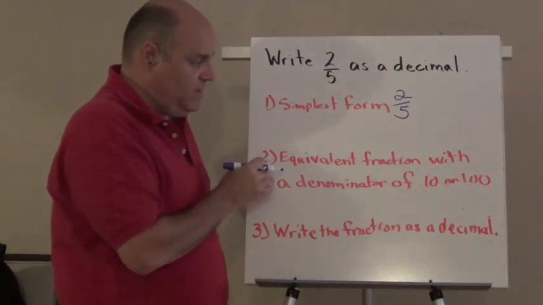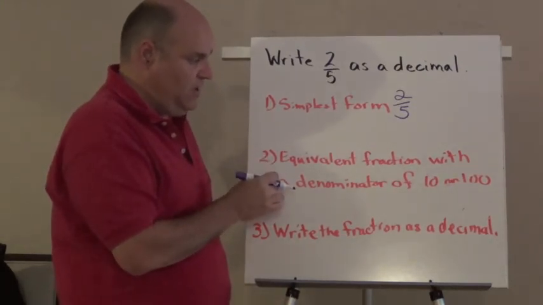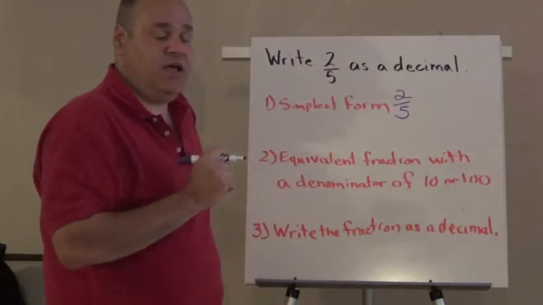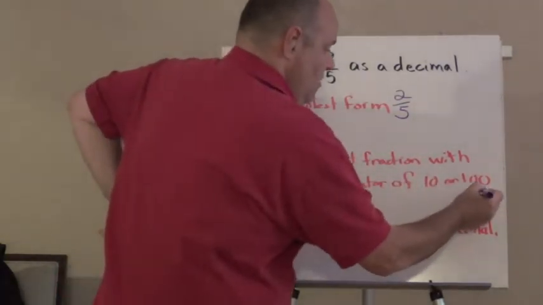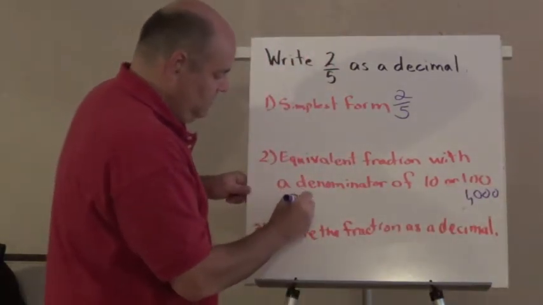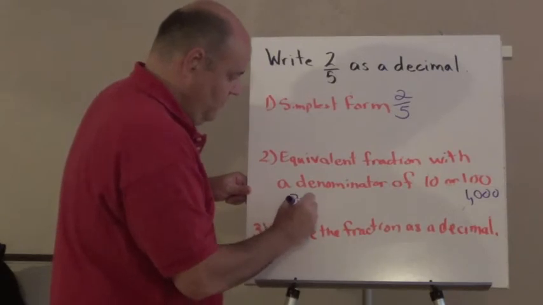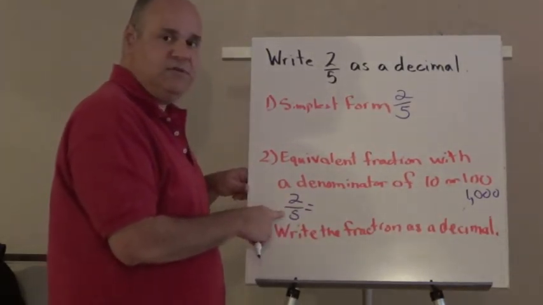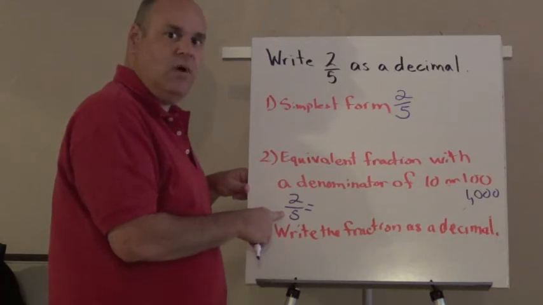Now we have to find an equivalent fraction with a denominator of 10 or 100. Remember, sometimes it could be 1,000. I'm going to take my 2/5 and say, how can I get this 5 to become a 10 or a 100 or a 1,000?